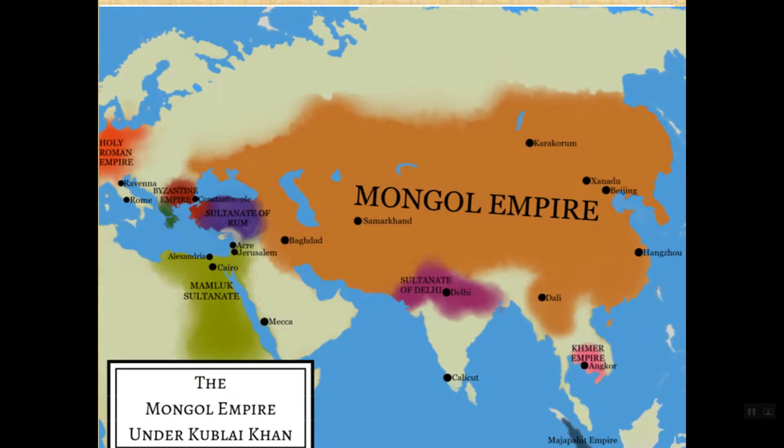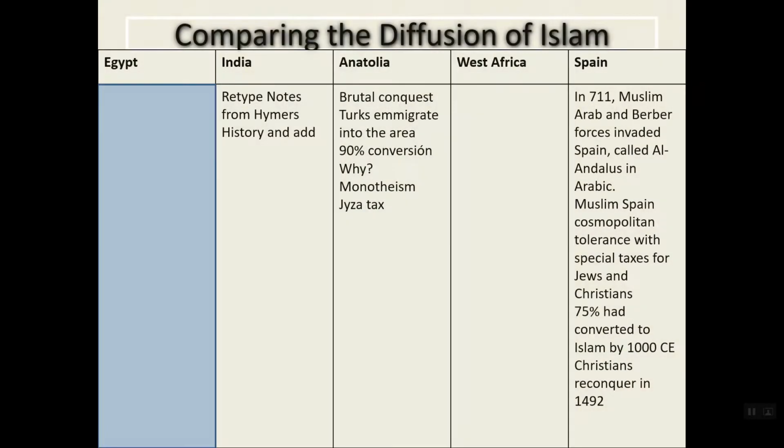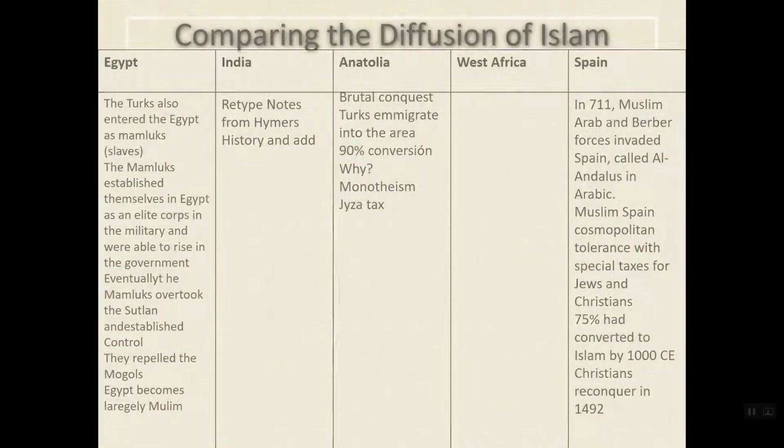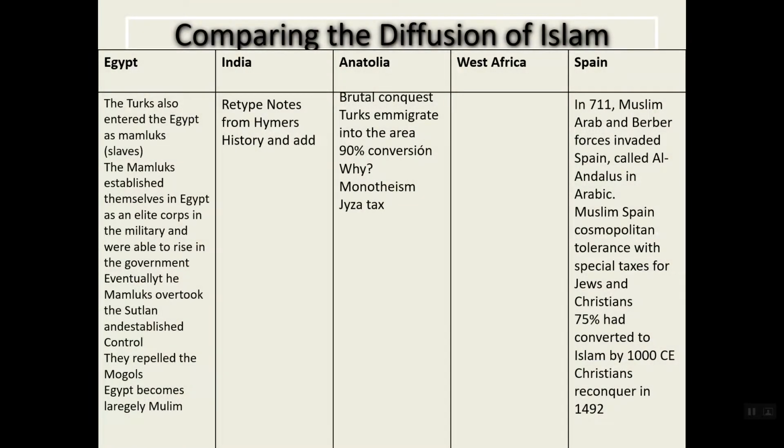Yep, took over everywhere. Except this here, Egypt. So let's talk a little bit about Egypt and southern India. Not southern India yet, but let's talk a little bit about Egypt. So the Mamluks. Same reason that the Abbasids wanted to have slaves, for protection and whatnot.